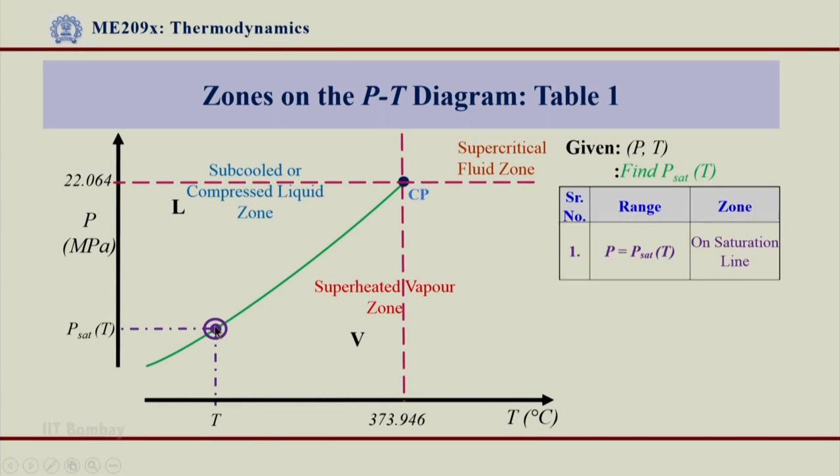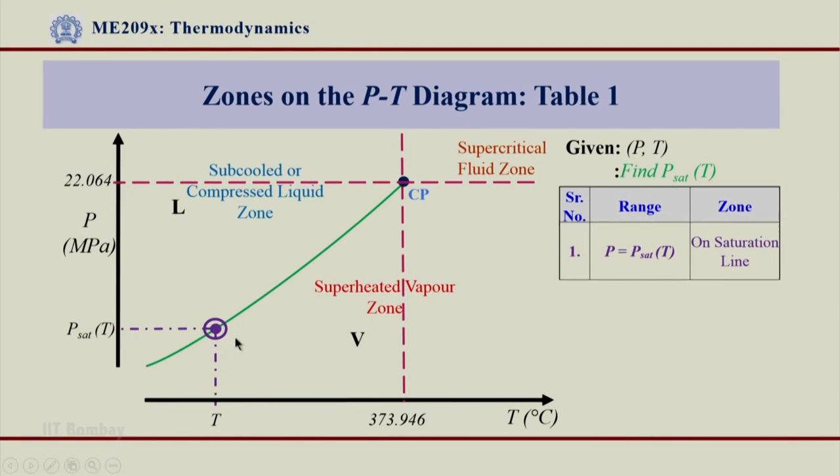Let us say the first case is that P is equal to Psat(T). For a given temperature, I found Psat(T), and we found that P is equal to Psat(T). What does it mean? For a given temperature, the corresponding value of Psat(T) lies over here. That is why the pressure happens to be Psat(T) over here. It also means that this T is Tsat(P), is it not?